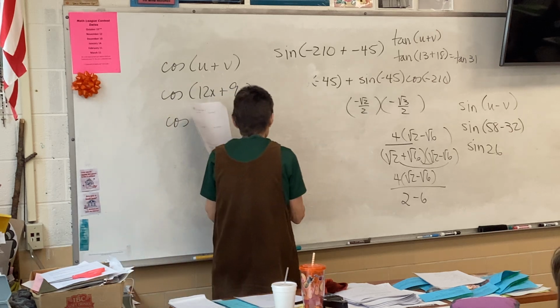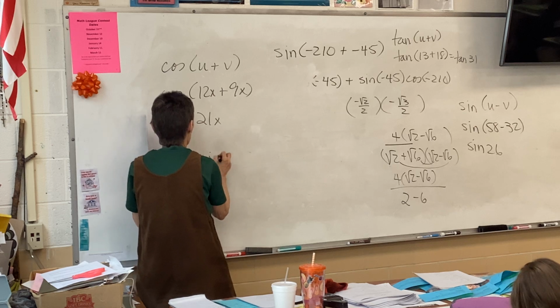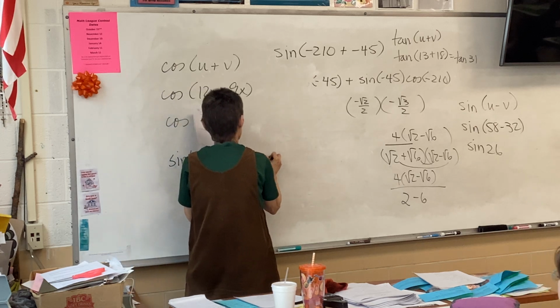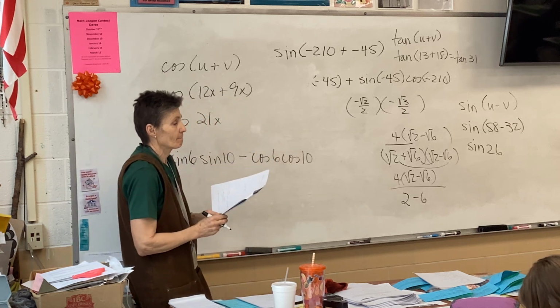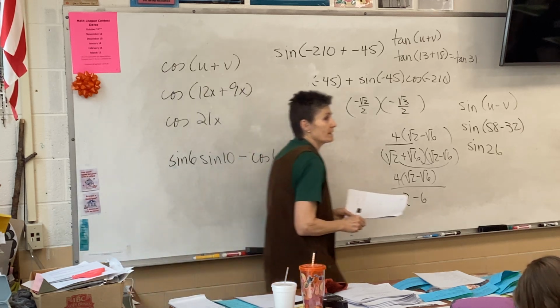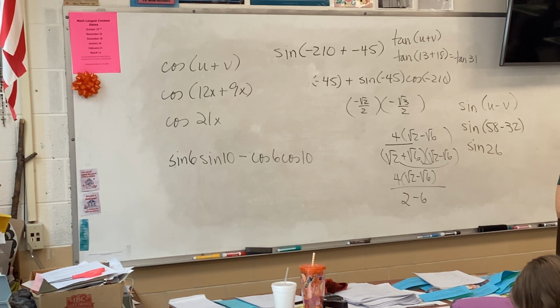Now, d ran off the page. That says sine 6, sine 10, minus cosine 6, cosine 10. This one's tricky. Something's wrong with it. It's in the wrong format.